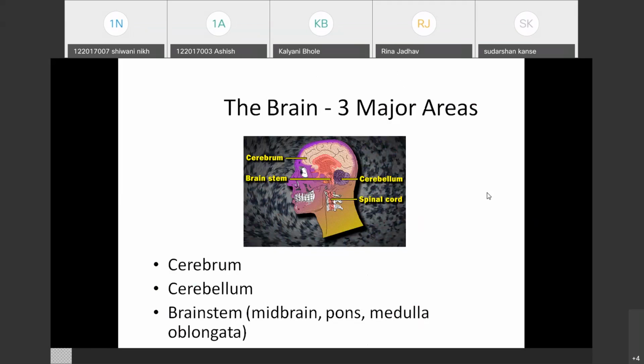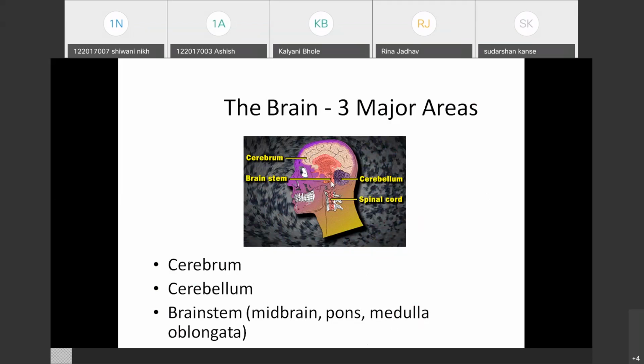So this brain, we will say that the brain has three major areas: cerebrum, cerebellum, and the brainstem. This brainstem consists of midbrain, pons, and medulla. So cerebrum, you can see here. This upper part is called as a cerebrum. Now this lower part is called as a cerebellum, and this third part is called as a brainstem.